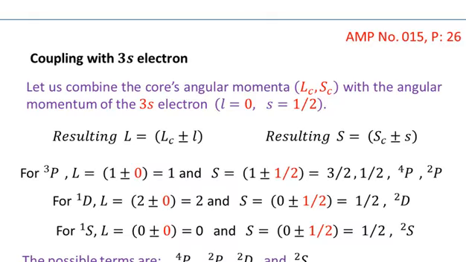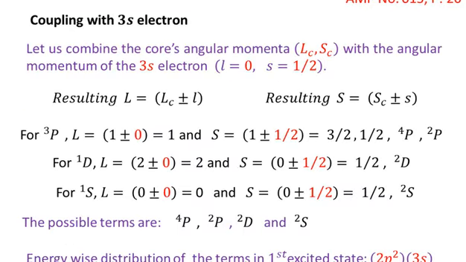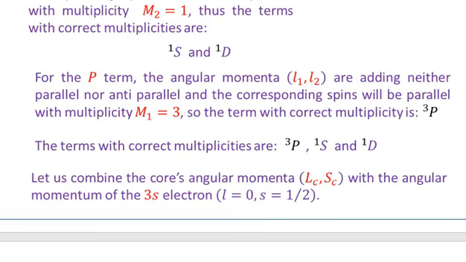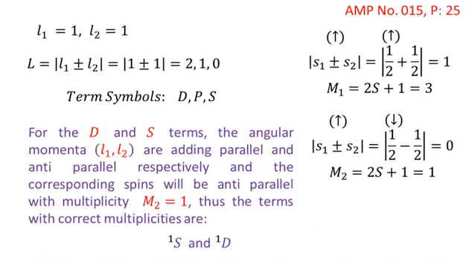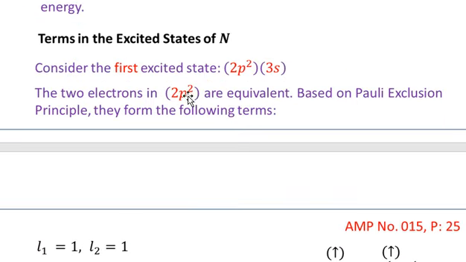So let's study the 3P state. The 3P state that I have obtained from the 2p2 state. So you see that these three states, 3P, 1S and 1D, were obtained when I analyzed the 2p2 state.